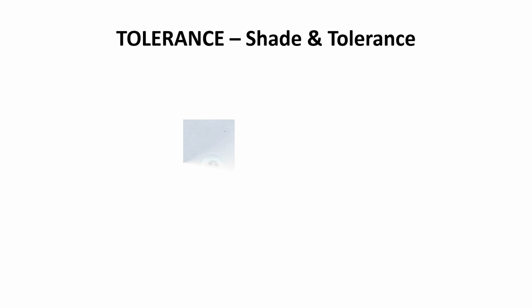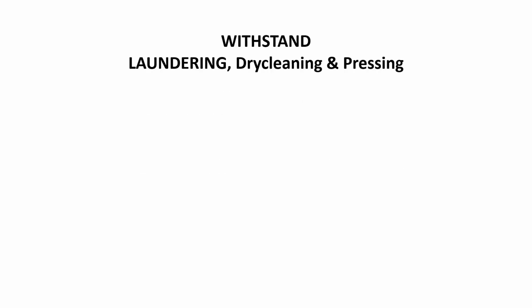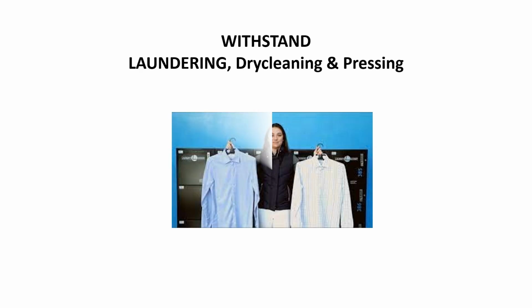Tolerance in the shade must be given for different colored buttons when attached to the garment. It must match the garment assembly, the color of the button you are using. And interestingly, it must also withstand laundering, dry cleaning and pressing, because it is stitched to the garment.